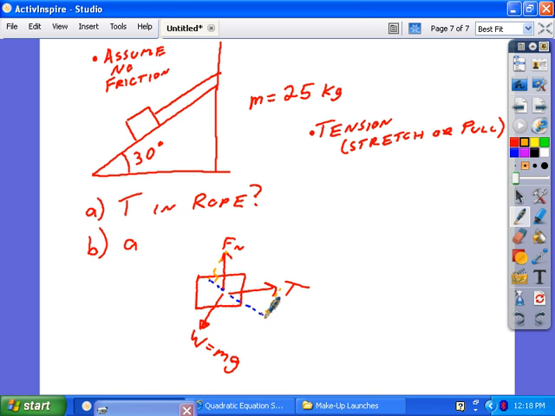Instead of having an X component and a Y component, I now have just an X. I've got my tension acting only in the X. Instead of having an X component and a Y component, now my normal force is acting only in the Y. So, I've made one math problem instead of two here. I now have an X component of my weight and a Y component of my weight.